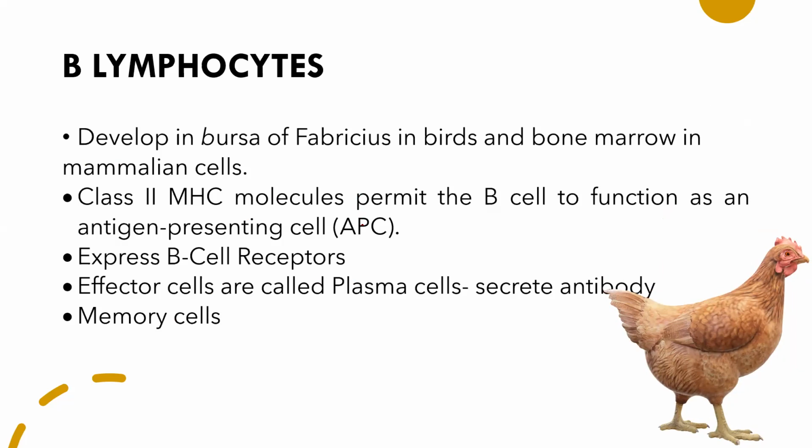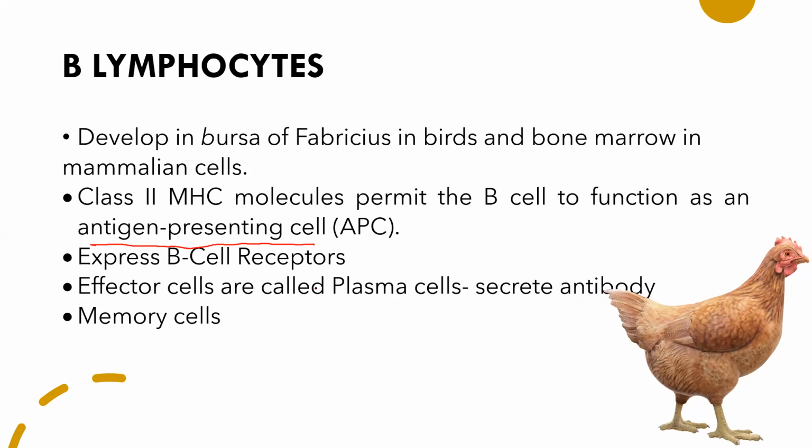Now B cells are the ones which act as very important antigen presenting cells. What are antigen presenting cells? They can take up antigens just like macrophages. Macrophages phagocytose. Similarly, B cells also have the capacity to endocytose the antigen, the entire pathogenic organism.